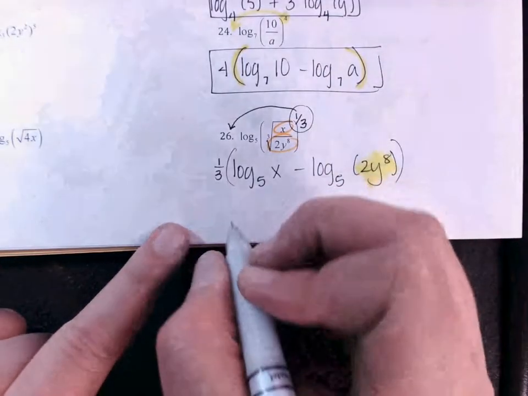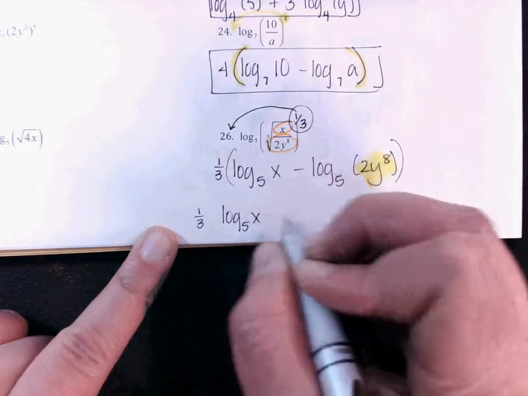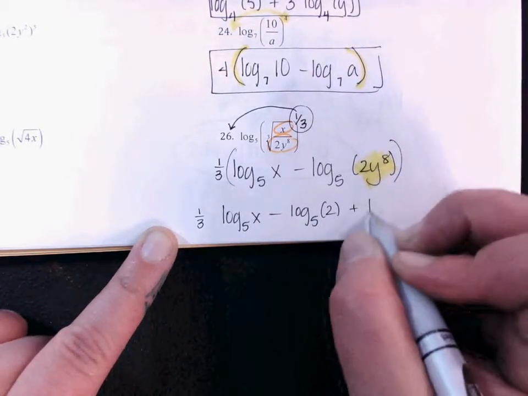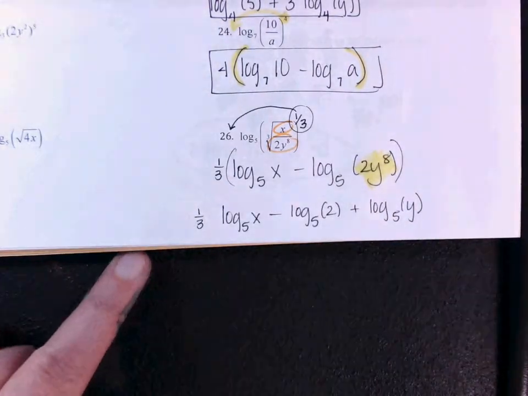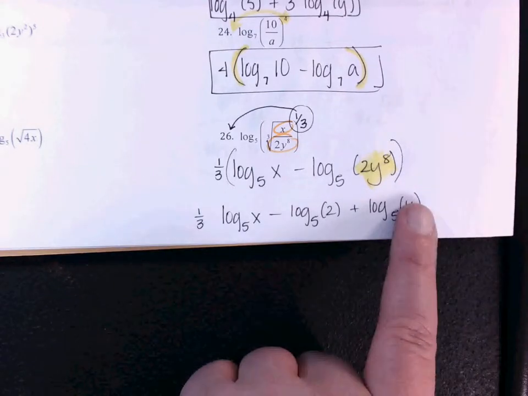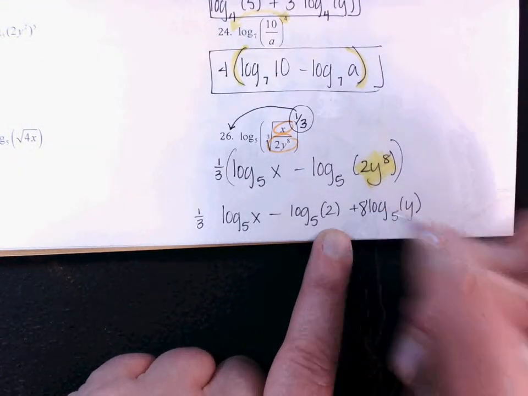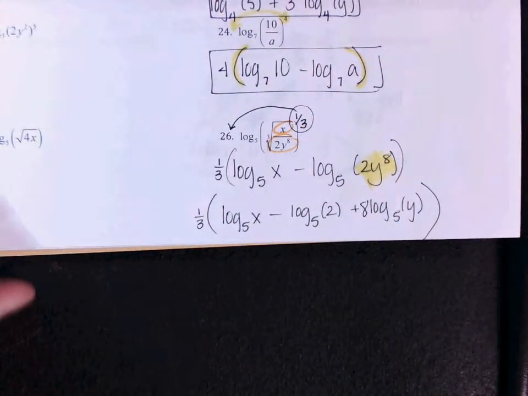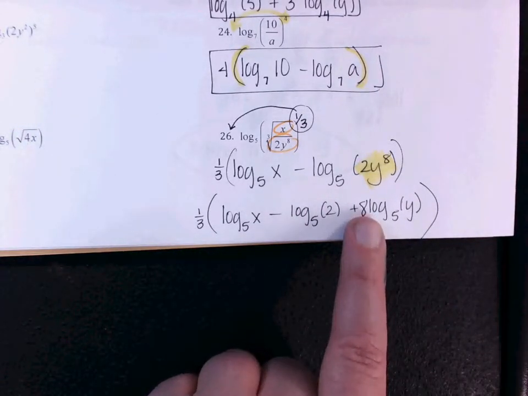So I'll have 1/3 still in the front, log 5 of x, log 5 of 2, log 5 of y. Now, I think Sarah was saying the 8, I could write it here, but I'm going to have to move it where? To the front. So if you want, just go ahead and put that there. So my 8 from the y is going to go in front of his log instead of up top.